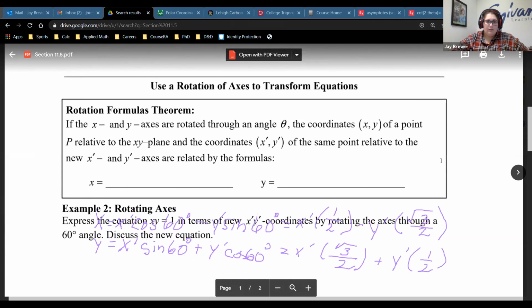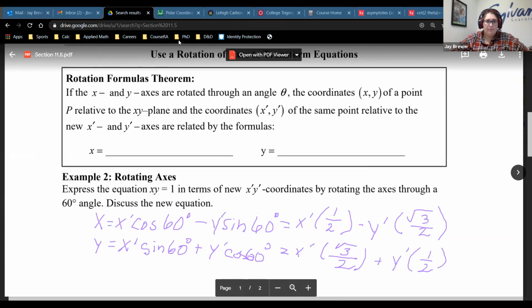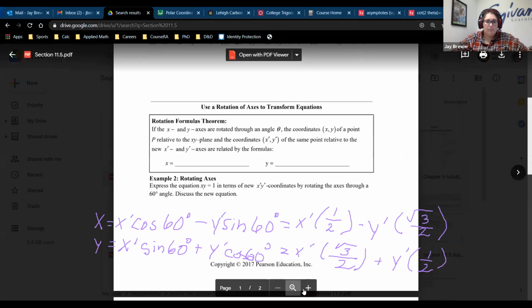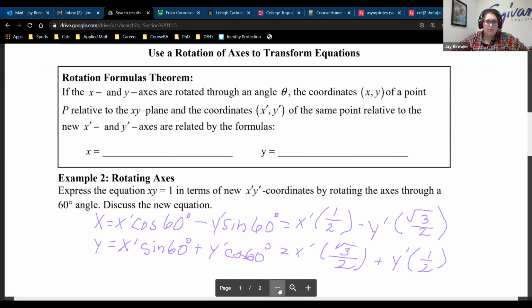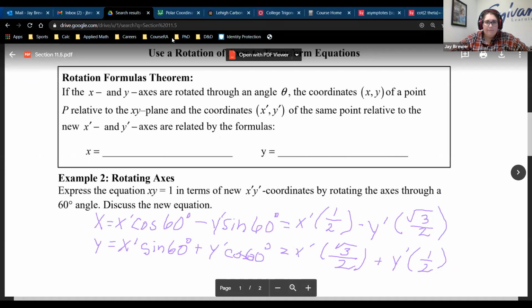So, all right, now that you know this is here, I'm going to scroll down a little bit, or maybe I can zoom out. Nope. All right, we'll just get rid of it. All right, so hopefully you guys have that written down.